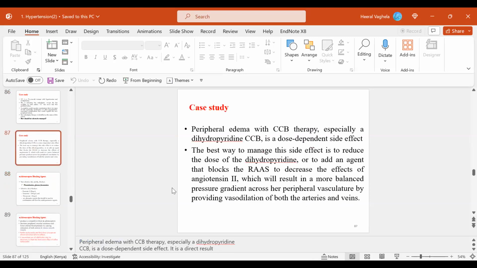Okay, so a review of the first choice drugs. You have the diuretics: acetazolamide, thiazides like hydrochlorothiazide, loop diuretics like furosemide, K-sparing like spironolactone.